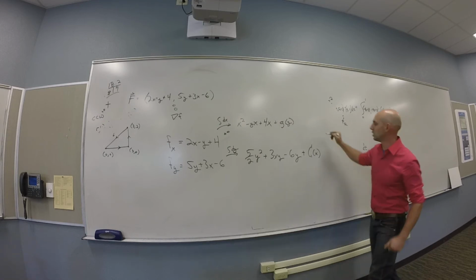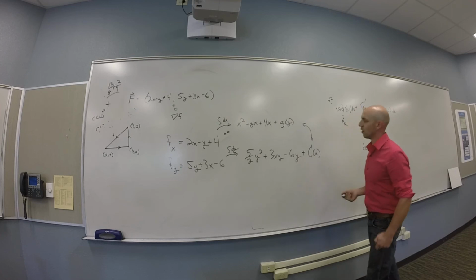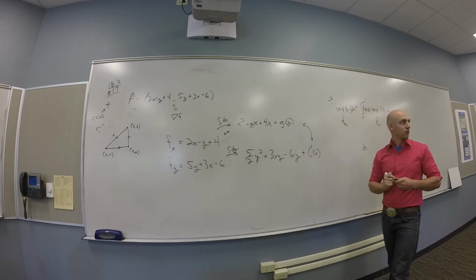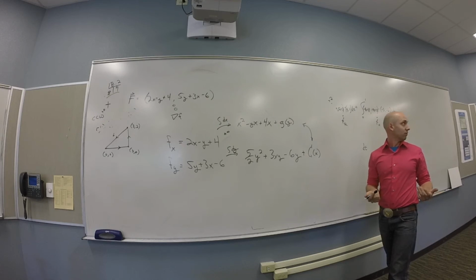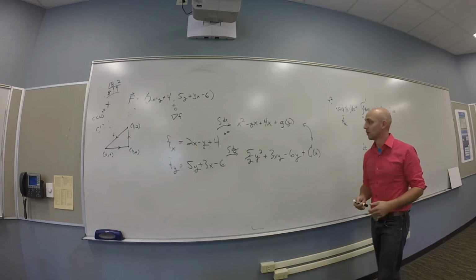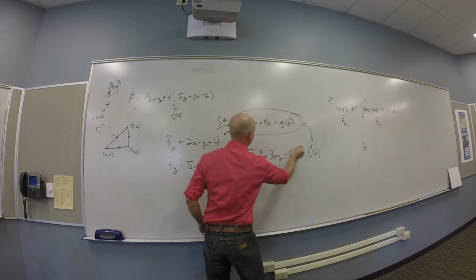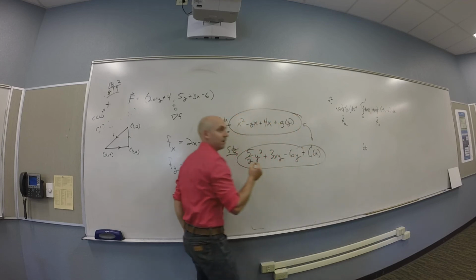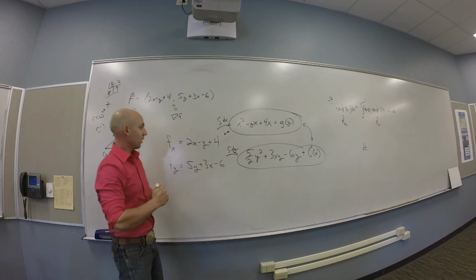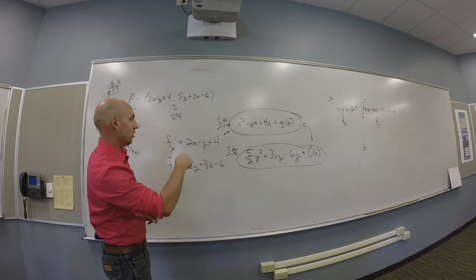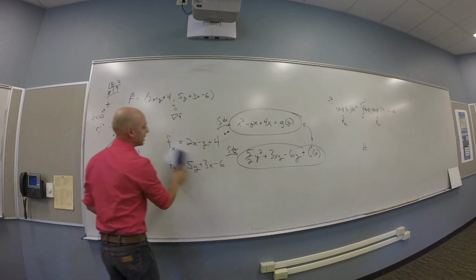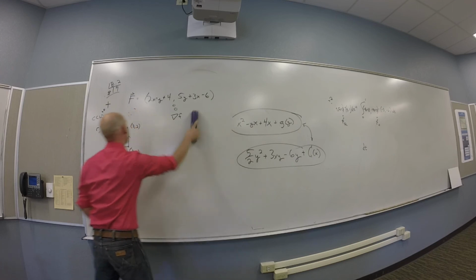Now, I would like for these two to give you the same answer, right? Those should both be f. You guys all with me on that? Like this thing should be f, and so should this thing. So in other words, g of y should be like 5 over 2 y squared minus 6y. So let me see if I can basically balance these equations, right?